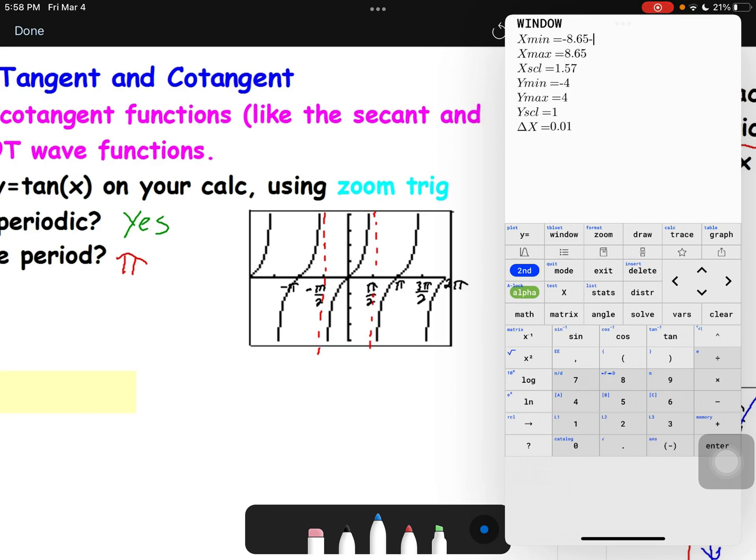So I'm just going to change this. I'm going to put negative 2 pi. Let me try that again. Negative 2, and where's that pi button? I wish I could make this calculator bigger.